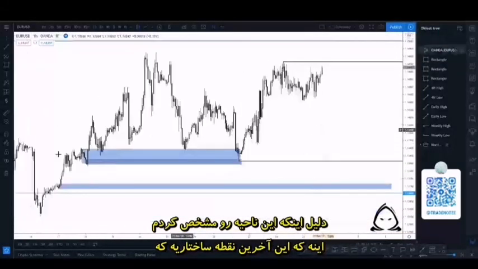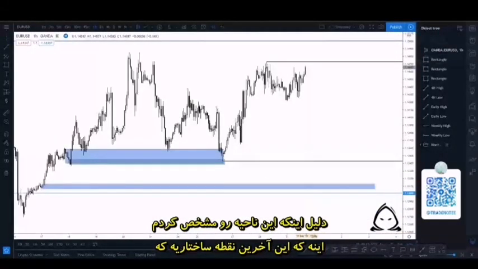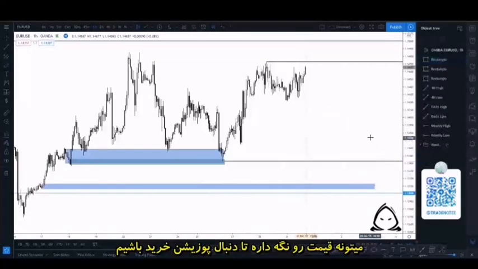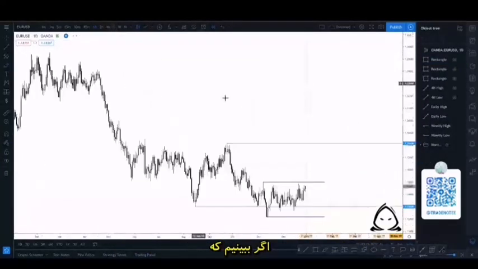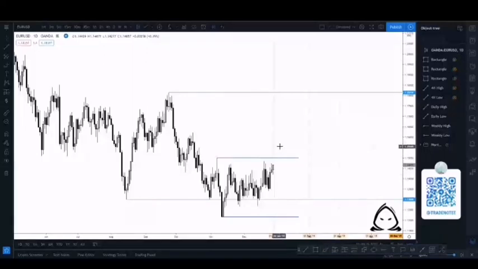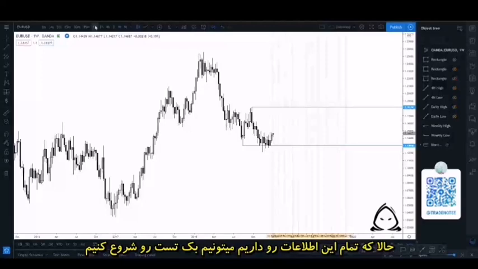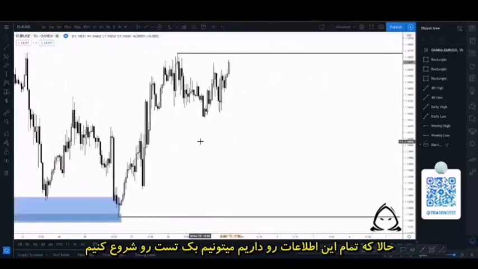The reason I'm calling out this zone is that this would be our last point of structure that could potentially hold to look for trades on a long potential, if the daily chart moves bullish, or if we see a deeper pullback into these levels on the weekly chart. So now that we have all of that information sorted out, we can begin backtesting.